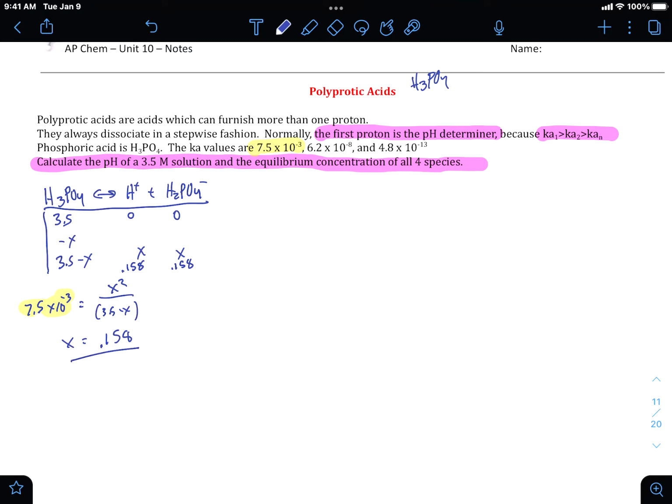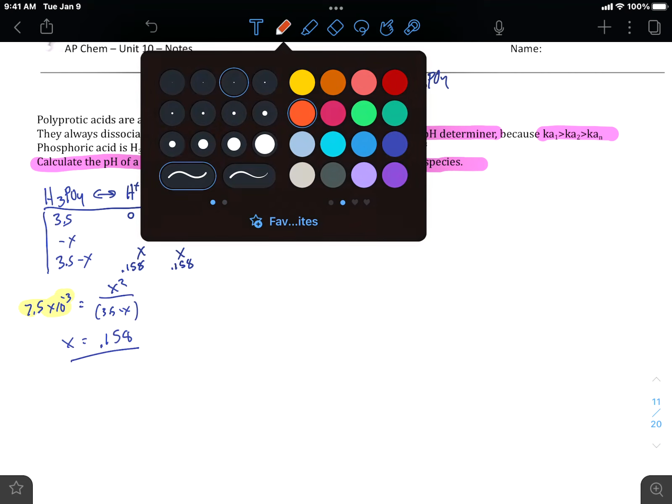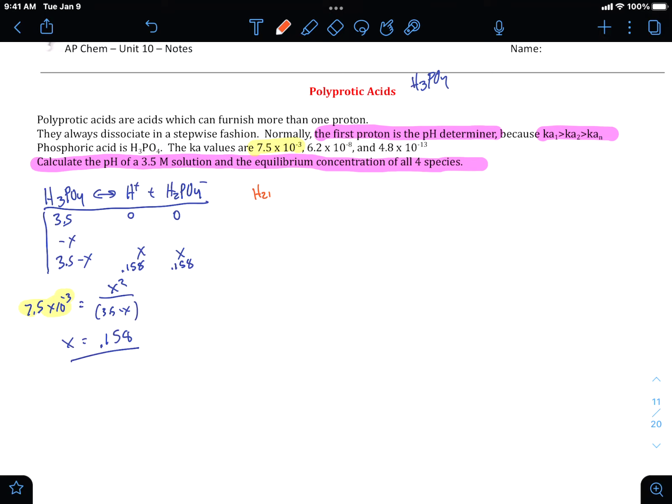All right, so hopefully you got 0.158 for the value of x. In the process of doing this, we have just created H2PO4. So let's now calculate the H2PO4 equilibrium. The products are H plus and HPO4 minus 2. What do I carry over from the first problem into the second? What values?